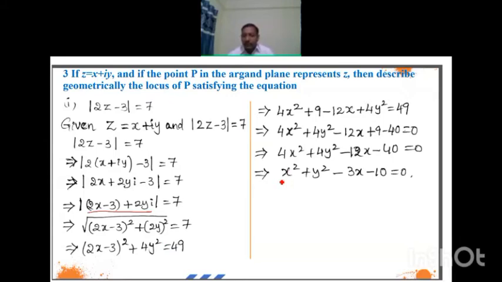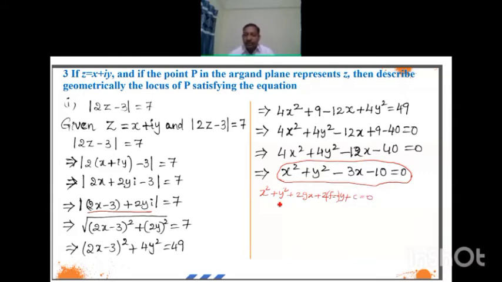Can you guess what kind of equation is this? If you see, it is in the form of x square plus y square plus 2gx plus 2fy plus c is equal to 0, where f is equal to 0 here. What will be this equation?